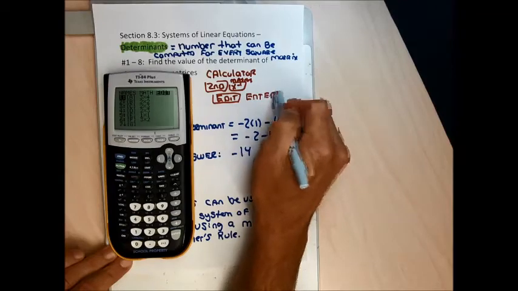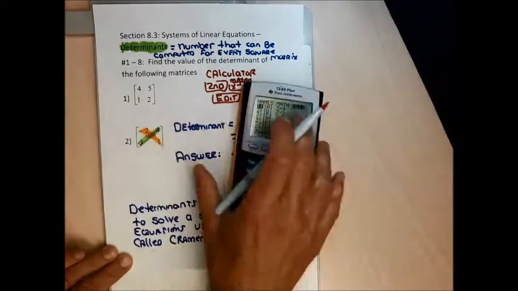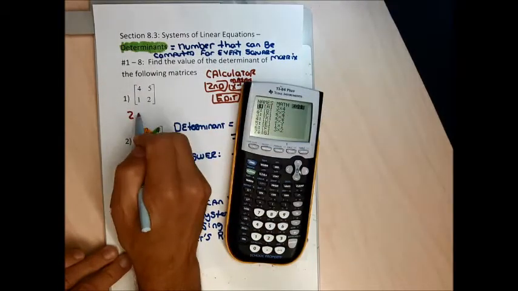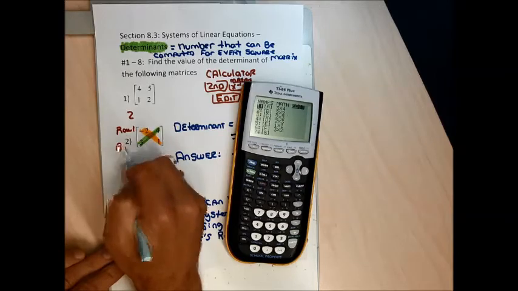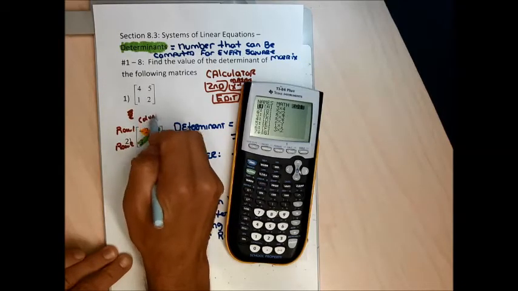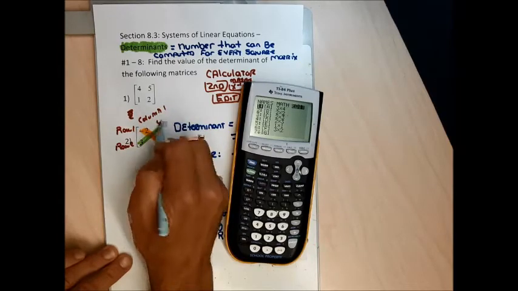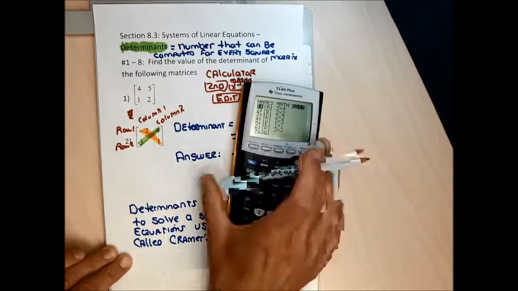We did this a bunch in the last section. So I'm going to enter this matrix, and this is going to be a 2 by 2 matrix, as is yours, because it has row 1 and row 2 and column 1 and column 2. The rows come first, the columns come second.